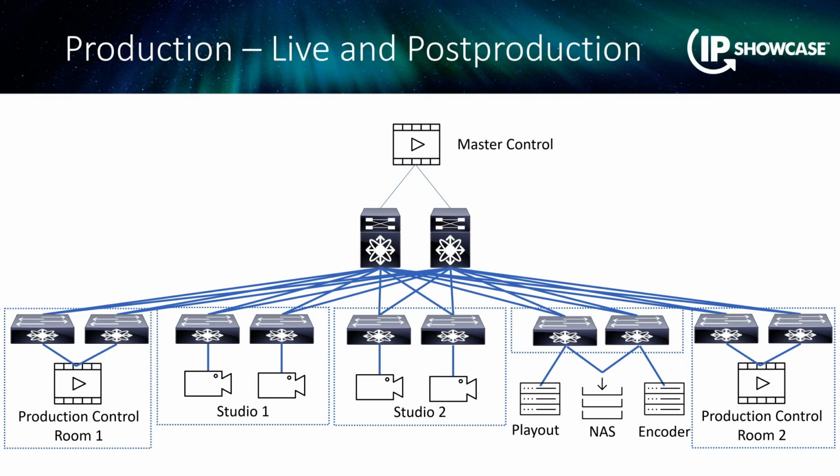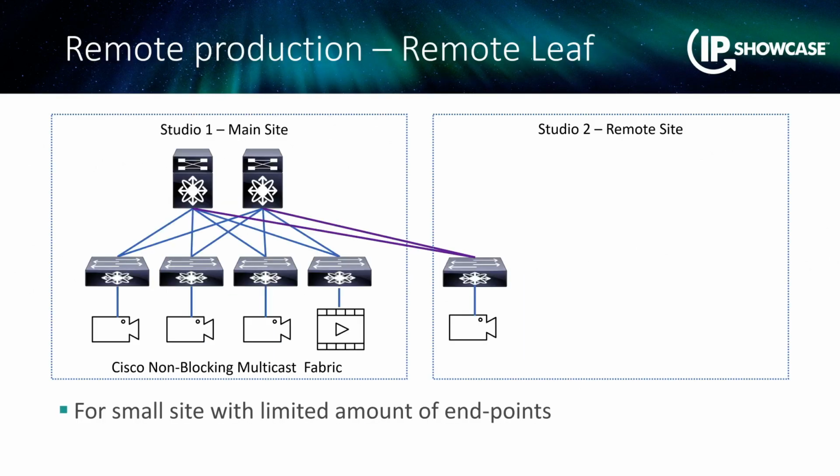In this case, everybody is capable of reaching everybody, and it's still a viable solution for IP broadcasting. So that's one way. Everything is in the same location. But what happens if you go remote?